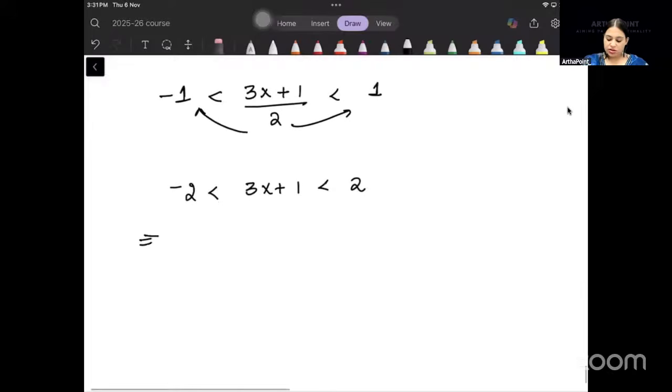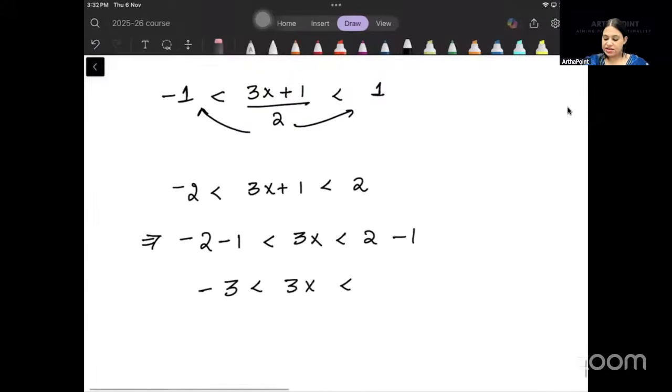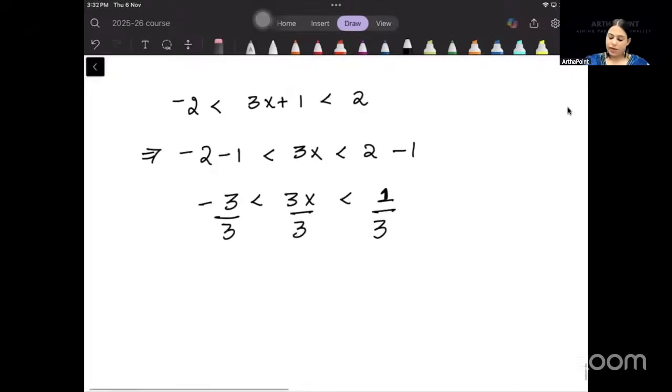Subtract 1 from both sides: -2 minus 1 less than 3x less than 2 minus 1. -3 less than 3x less than 1. Divide by 3 on both sides: -1 less than x less than 1 by 3.